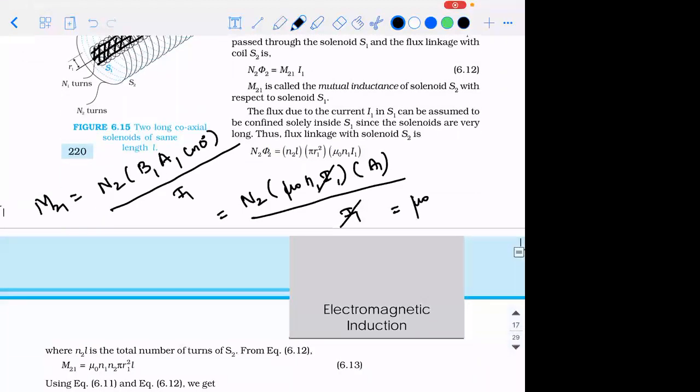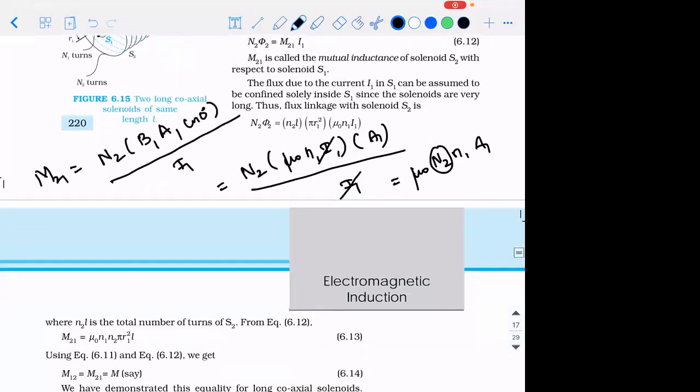This will be mu naught N2 n1 A1, but N2 is nothing but small n2 into L. So mu naught n1 n2 A1 into L. Am I clear with this? So the mutual inductance of the second coil with respect to the first is equal to mu naught n1 n2 A1 into L.